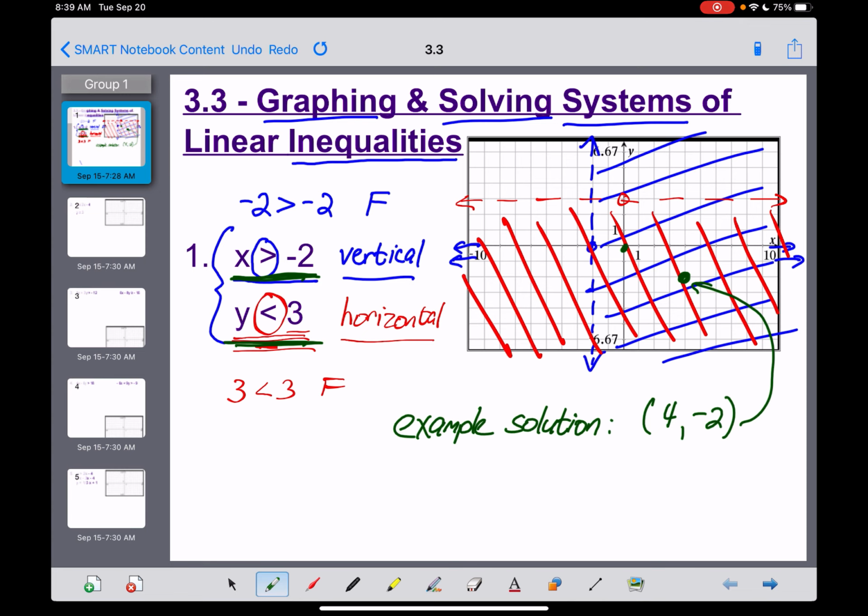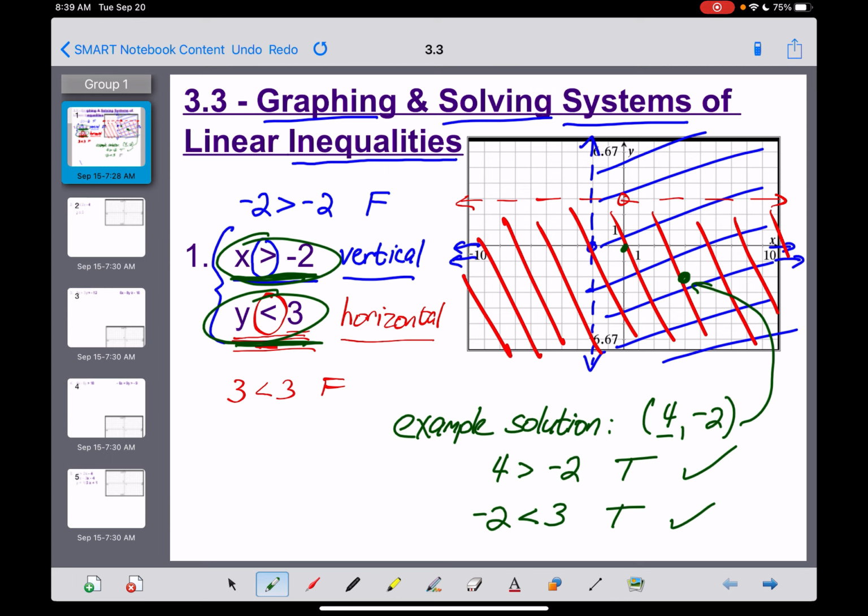Let's check it. At that point, our x value needs to be greater than -2. Well, our x value here is 4. So 4 is greater than -2. Is that a true or a false statement? That one's true, so check, it works there. And in the second statement, our y coordinate, which is -2, has to be less than 3. Is that a true statement?